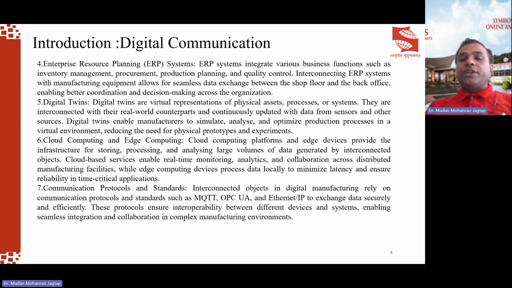Cloud-based services enable real-time monitoring, analytics, and collaboration across distributed manufacturing facilities, while edge computing devices process data locally to minimize latency and ensure reliability in time-critical applications.